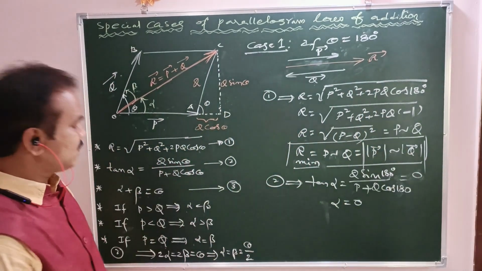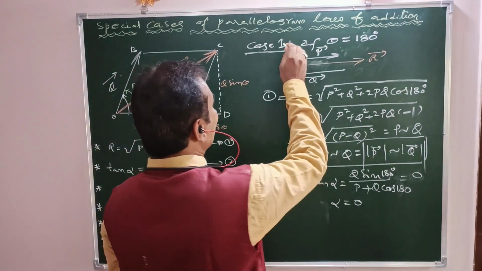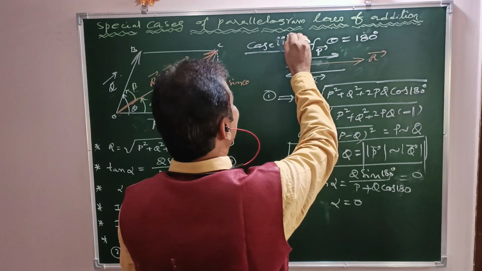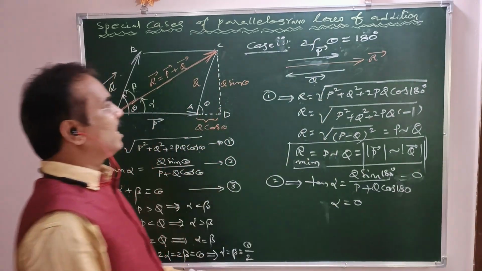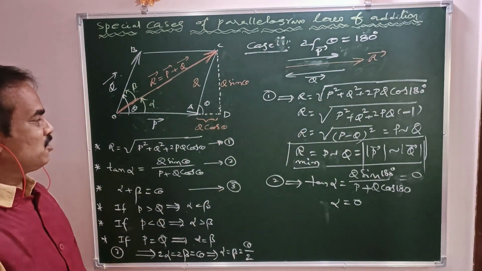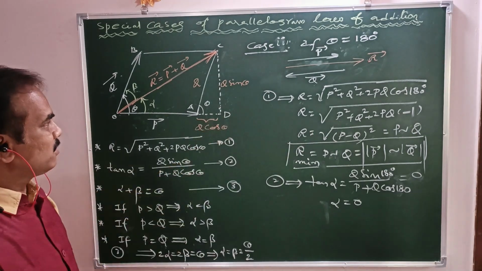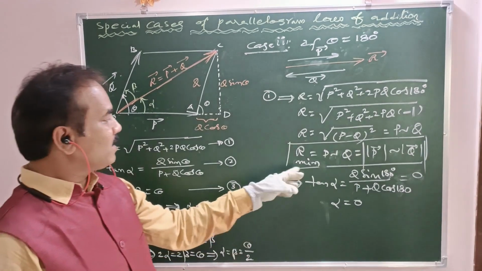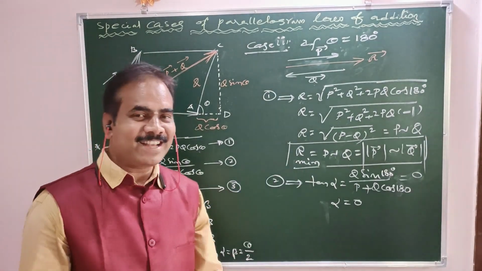So this is case 2. What is that case? If theta is 180 degrees with each other. Now coming to the third case. Before that, what is the reference here?